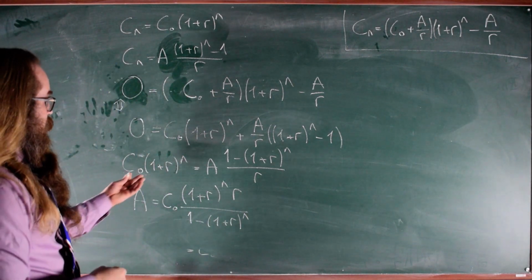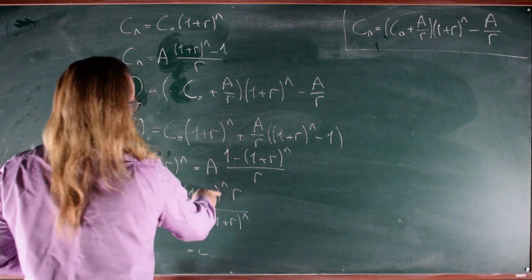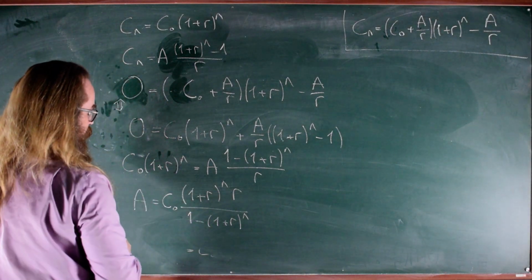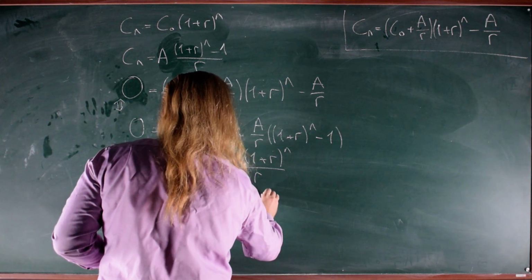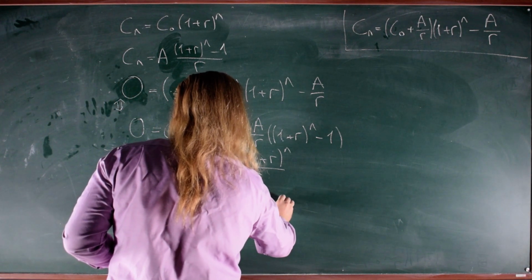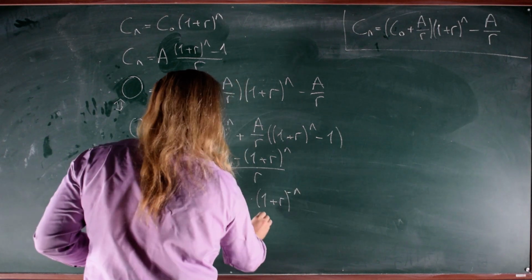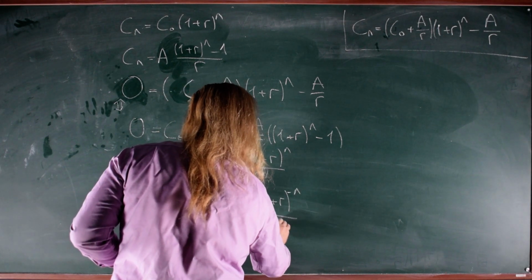And what we can do now is multiply the numerator and the denominator by (1 plus r) to the minus n.